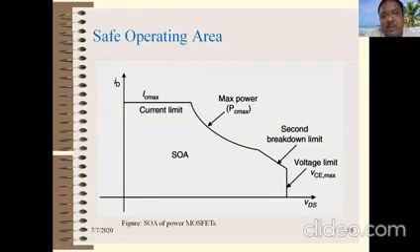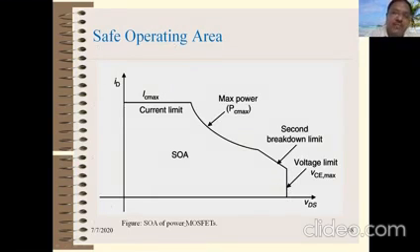Similarly, maximum power: as your VDS increases, the power handling capacity decreases. As you increase VDS, secondary breakdown limits are given. Your device may break down in a secondary breakdown, and these are called the voltage limits. If you increase VDS beyond these voltage limits, your device may be damaged. So we have to work in the safe operating area.